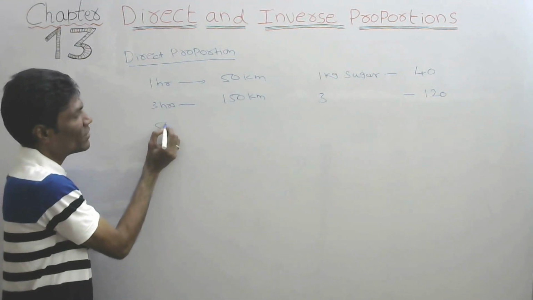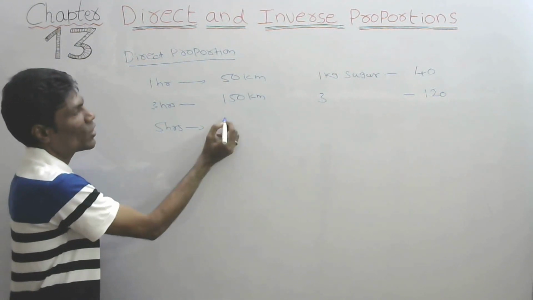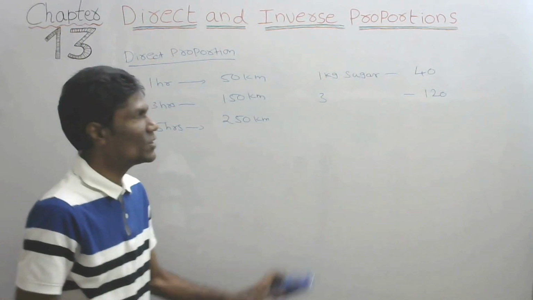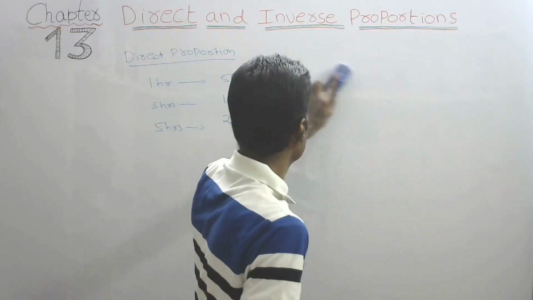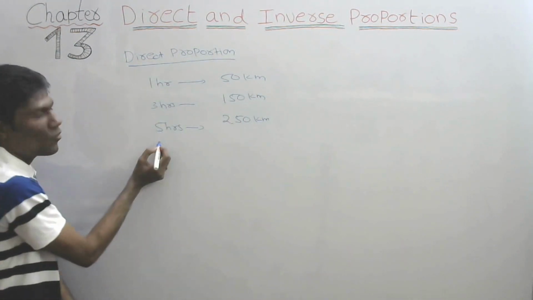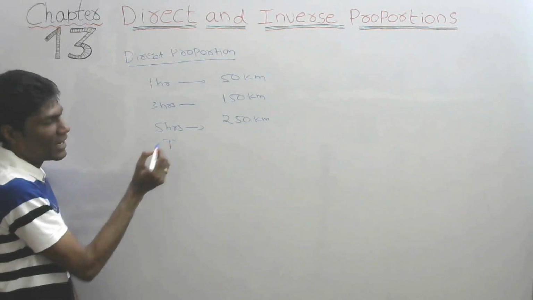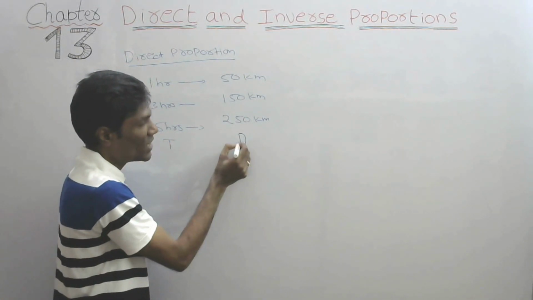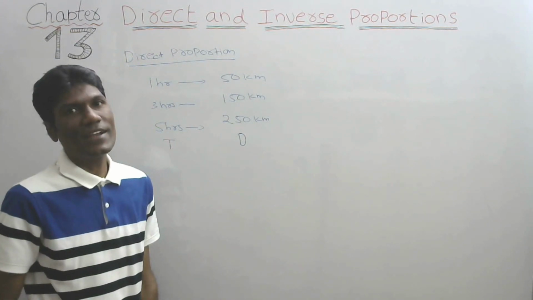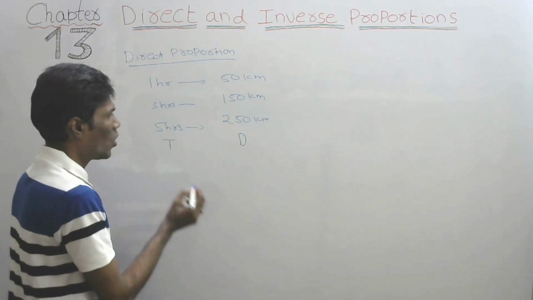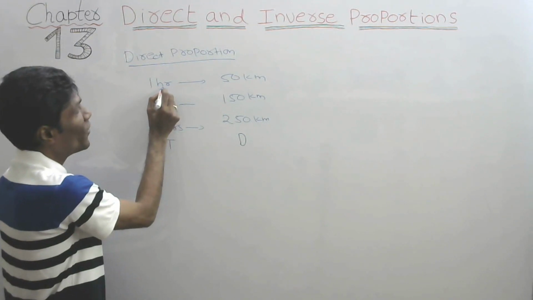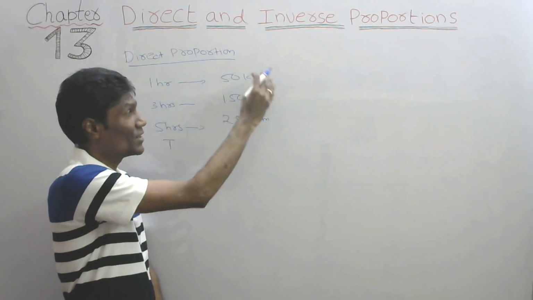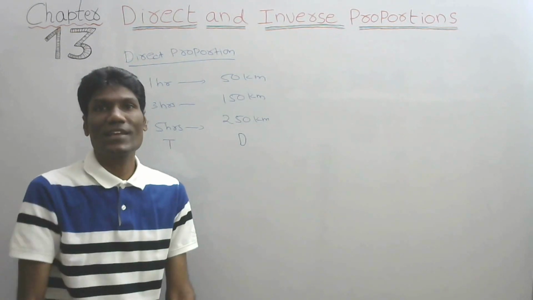In 5 hours it is going 250 kilometers. Now let us see what is going to happen. Say, what is this time? Let us denote it by t. And this is distance, and let us denote it by D.